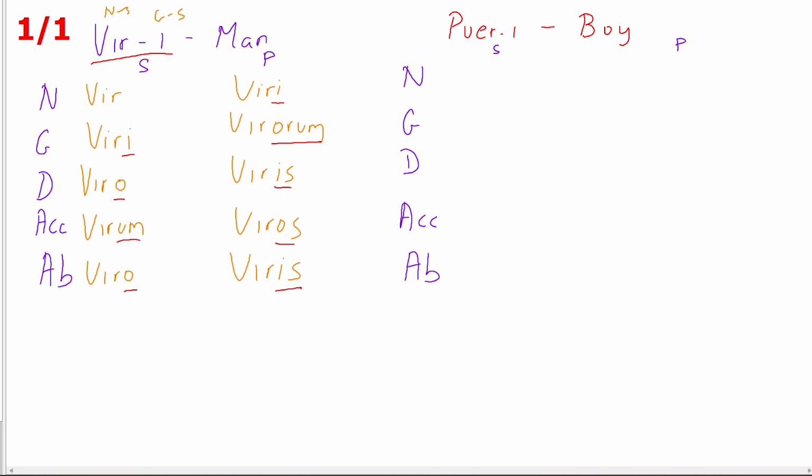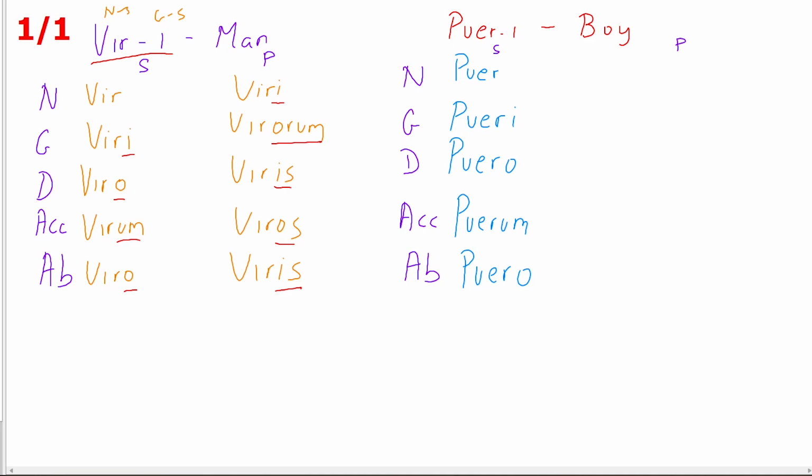So what would be the nominative singular? Puer as it is. Genitive singular, pueri. Then dative singular, puero. Accusative, puerum, and ablative would be puero.